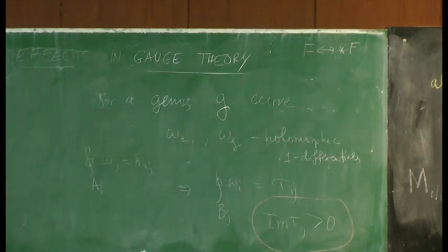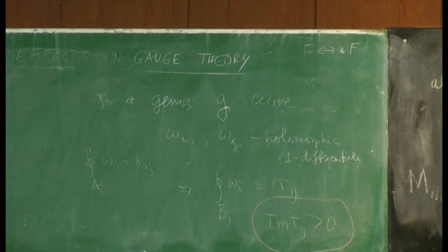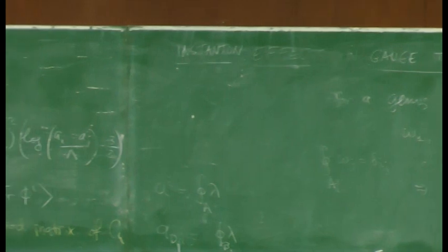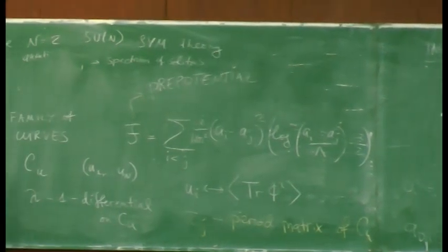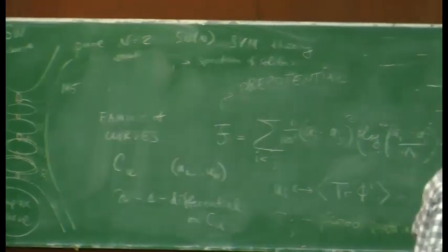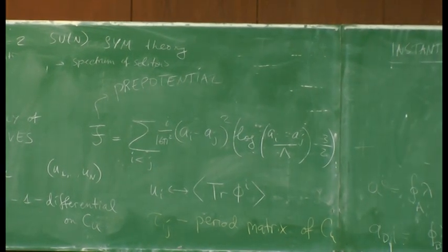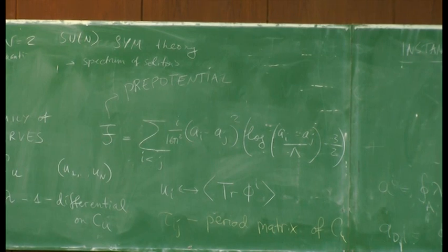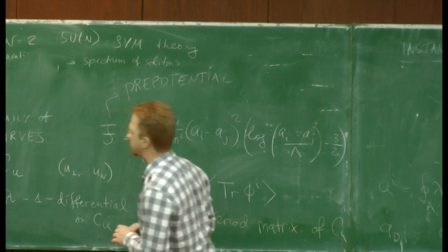So the guess of Seiberg and Witten was to obey all the constraints by the appropriate family of curves. So they produced this family of curves for the SU2 theories with different matter content, and then several groups of people made intelligent guesses for this theory and for some other theories.